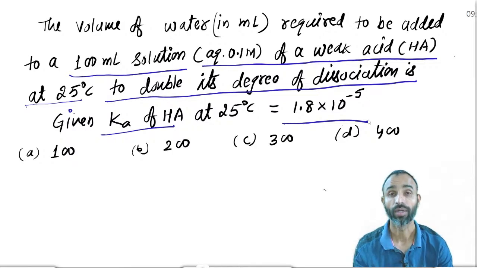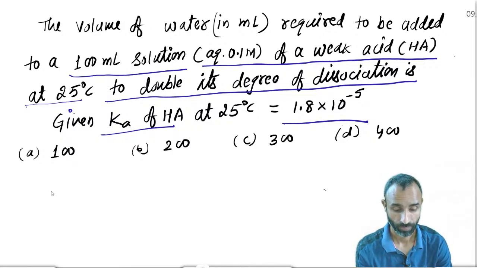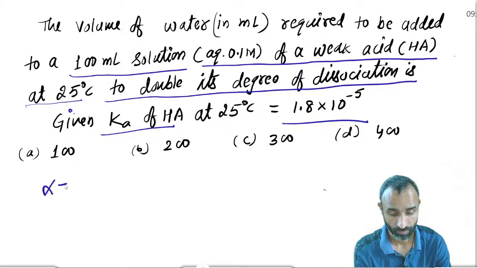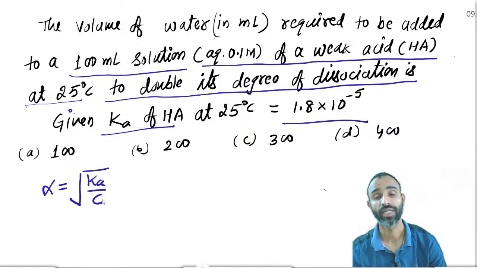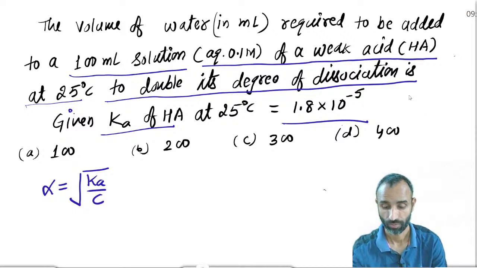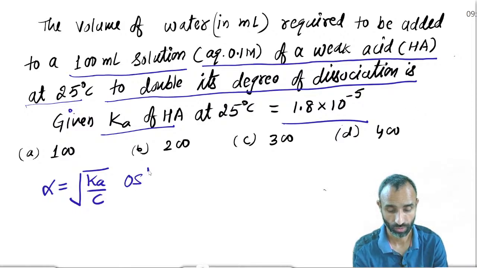First of all, say what is alpha? Alpha is under root Ka upon C. This is Ostwald dilution law.